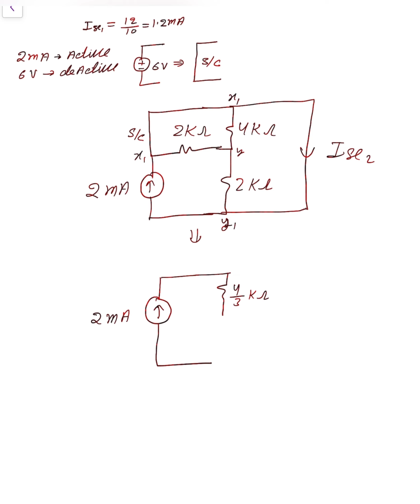Here x1 and y, and here 2 kilo ohm, and that one is ISC2. So basically you can say that ISC2 is equal to 2 milliampere.